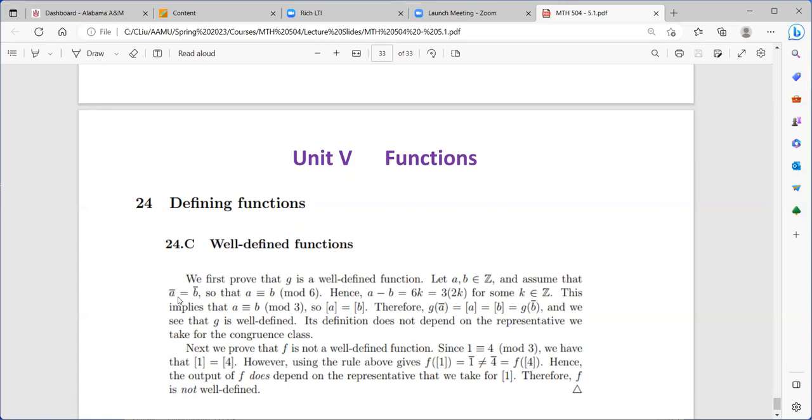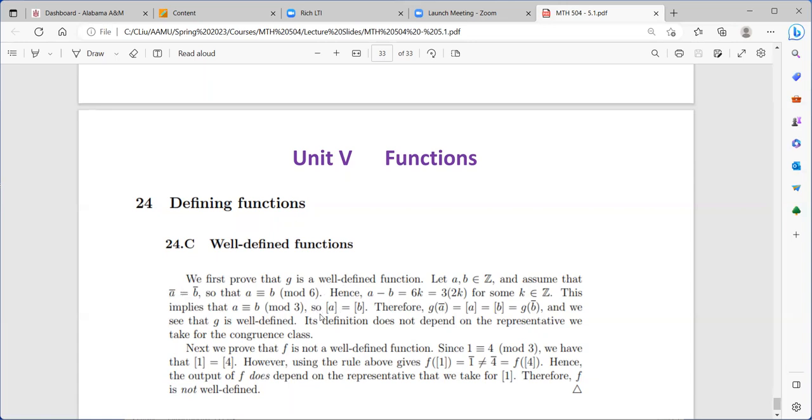You cannot get a different result for the same x value; you get the same y value. So this relation uniquely determines a function.